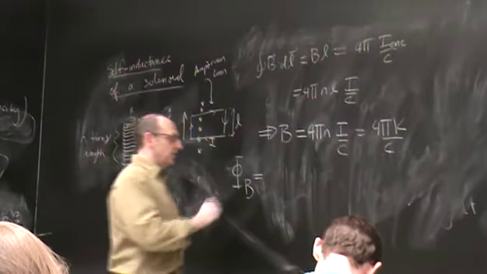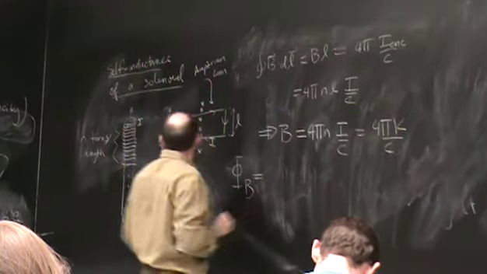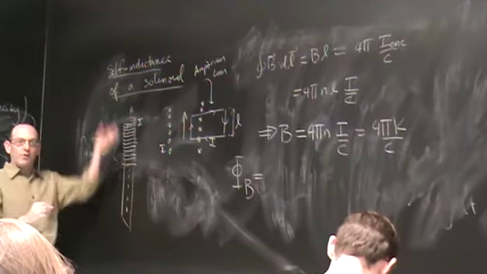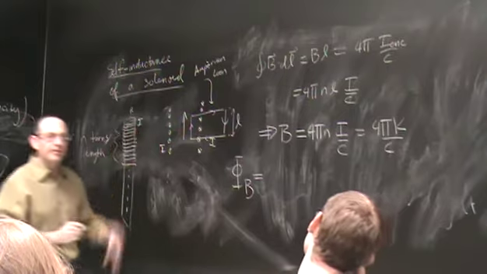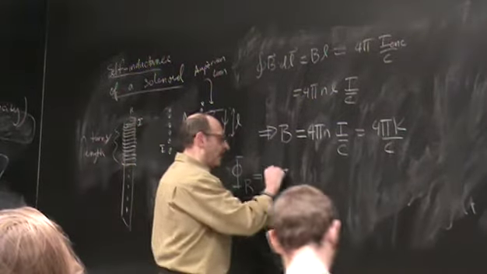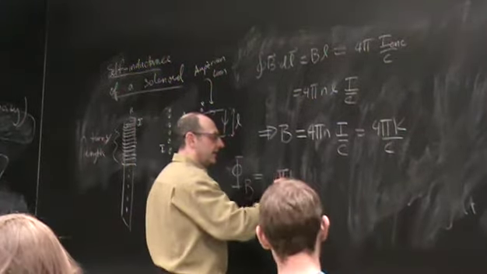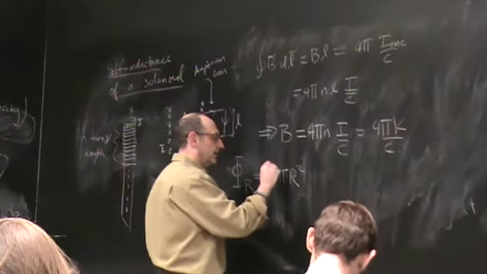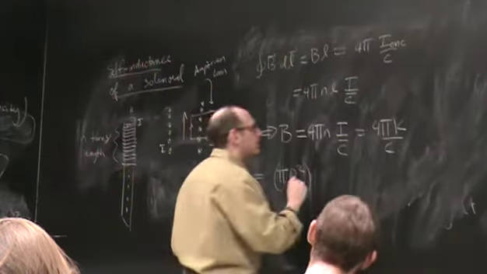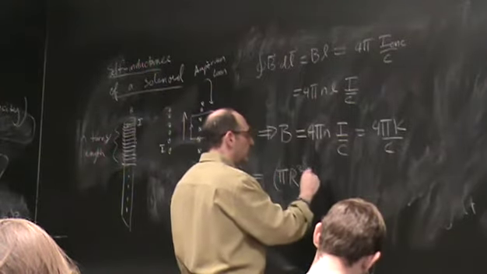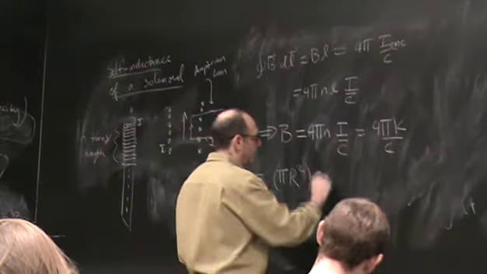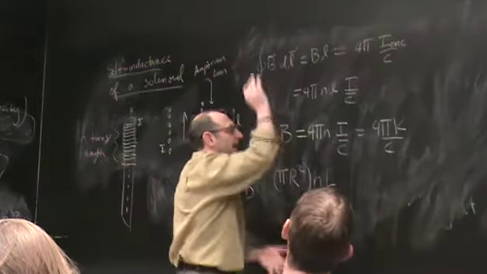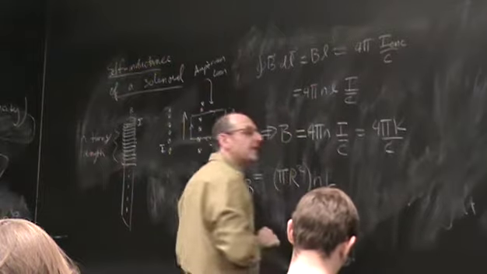Well, because the magnetic field is uniform inside the solenoid, the flux of the magnetic field is just the area of the solenoid times the total number of loops, which would be n times whatever the total length is, assuming L is long enough that the fringing fields are negligible.